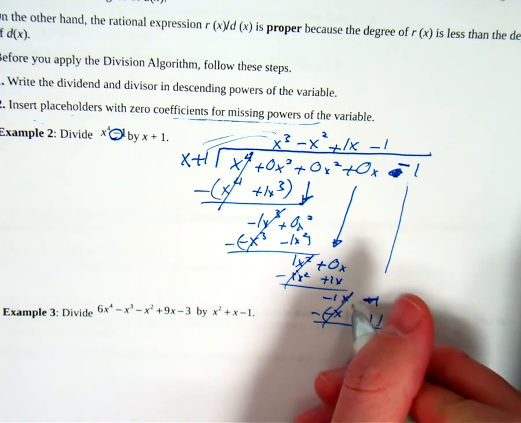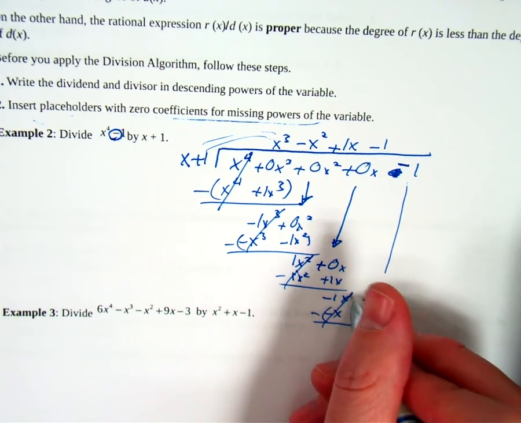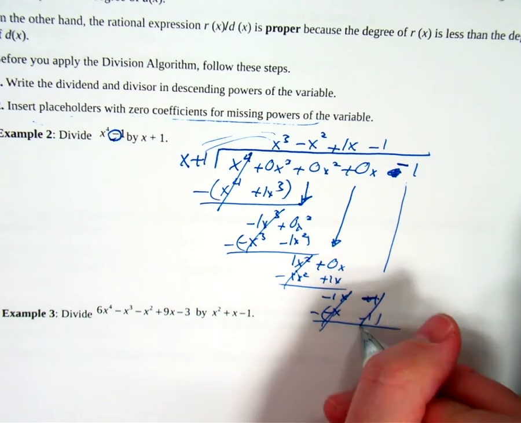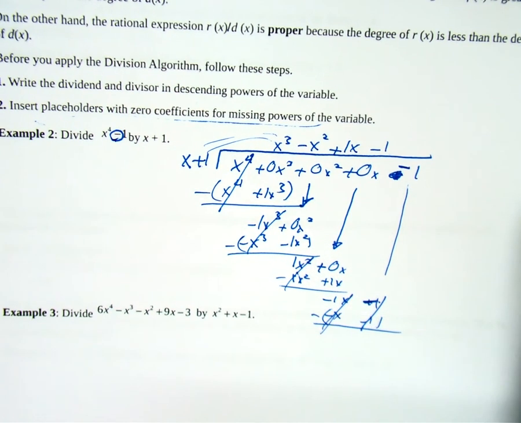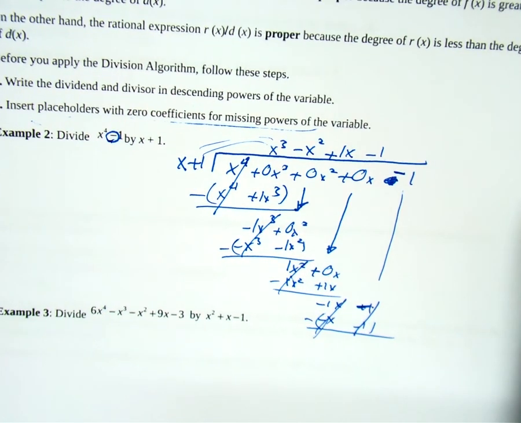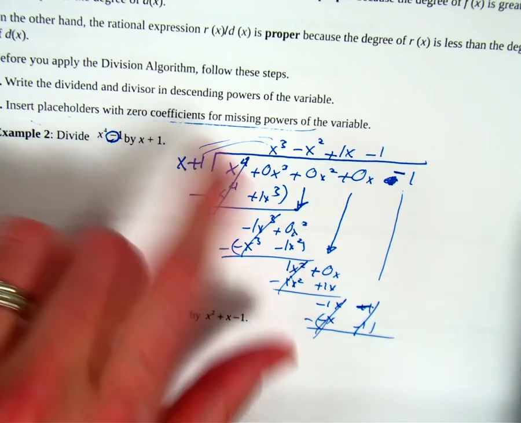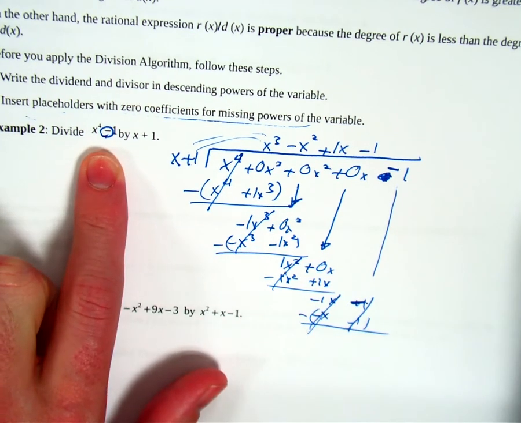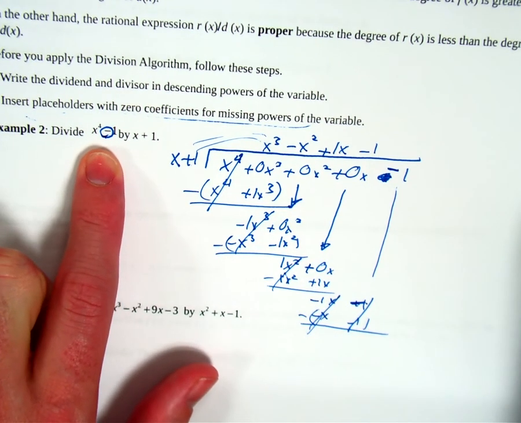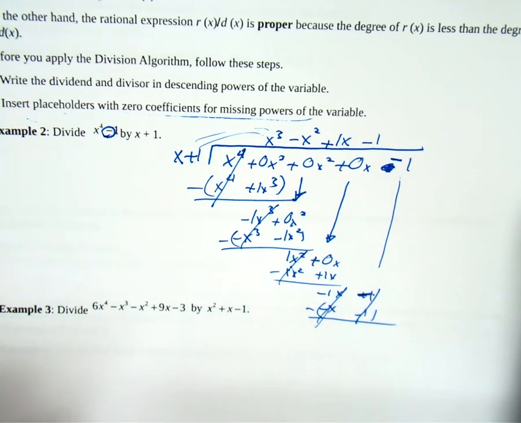So -1 minus -1, -1 minus -1, no remainder. Whew. Third try. Just need the added pressure of being recorded to finally see the mistake. Yep, that was it. So you got to be careful when you're copying it down. -1, -1. You guys probably saw that right away.